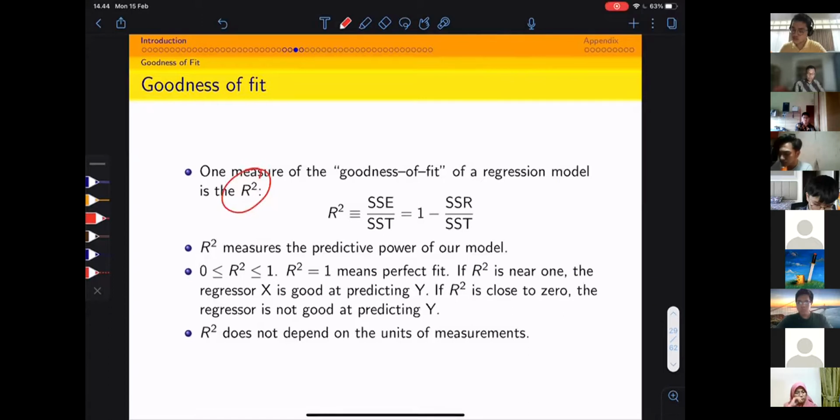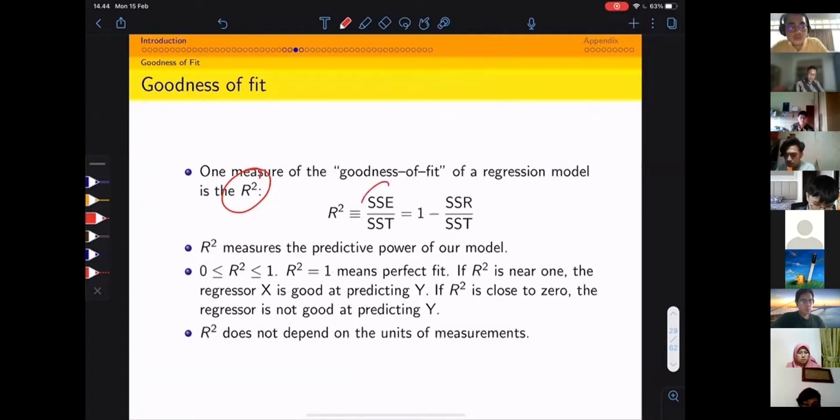R square is the ratio between the variation of the data that can be explained by the variation of the model, divided by the total variation of the data.